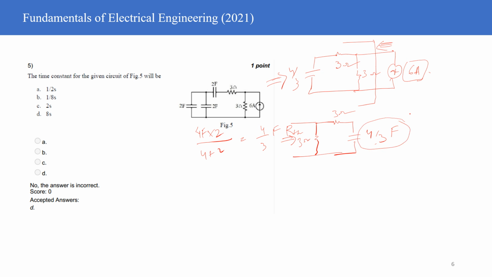Because when you're figuring out the resistance, you are taking the resistance in DC state, and therefore the capacitance will be replaced by an open circuit. So if this capacitance is an open circuit, then the only resistance which is going to come into picture is this particular resistance. So R Thevenin is nothing but this particular resistance. So RTH is 3.